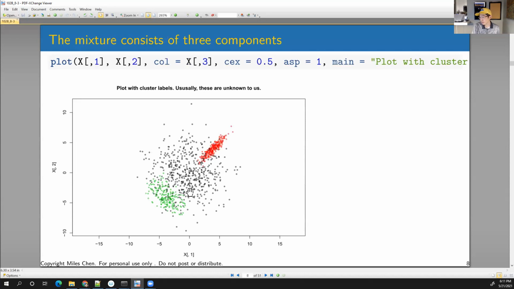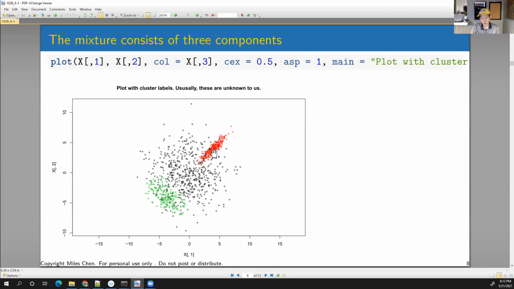Here is the data labeled, and we can see we've got a whole bunch of points coming from cluster 1, which is in black. We have a bunch of points coming from cluster 2, which is in red, and some points coming from cluster 3, which is in green. We can see there's overlap between black and green, and between black and red.